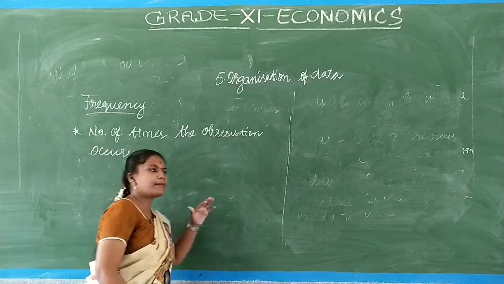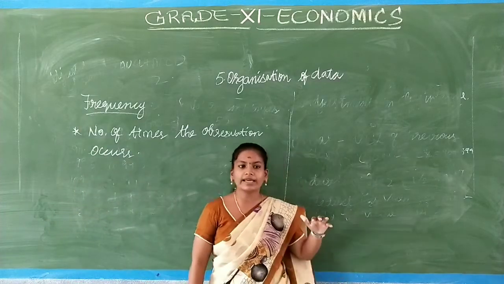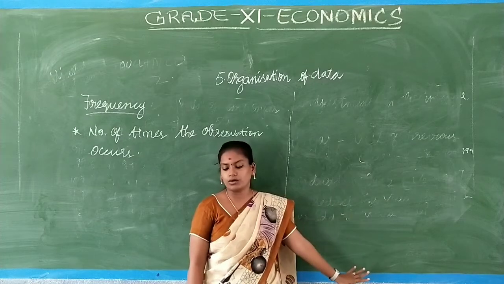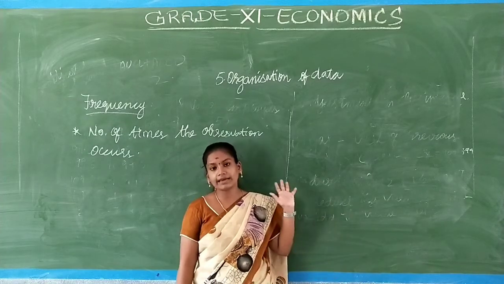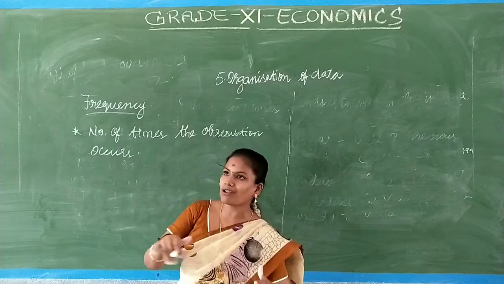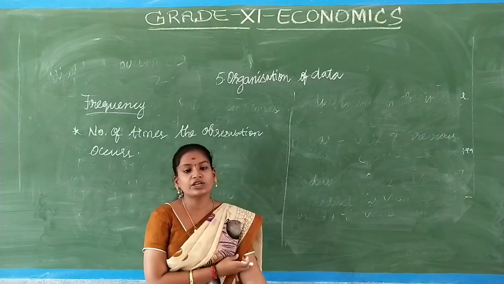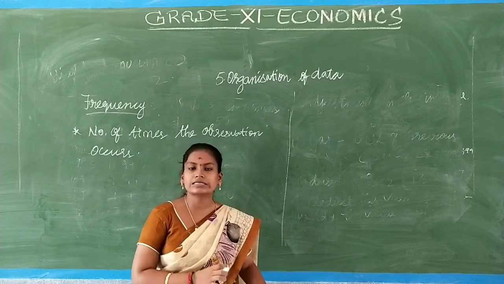In the example when we discussed marks, how many times 40 to 45 came, that we have taken into account. Right, how many times 50 to 60 came, that all we have counted. So how do you do it? You find this class frequency using the tally marking system.